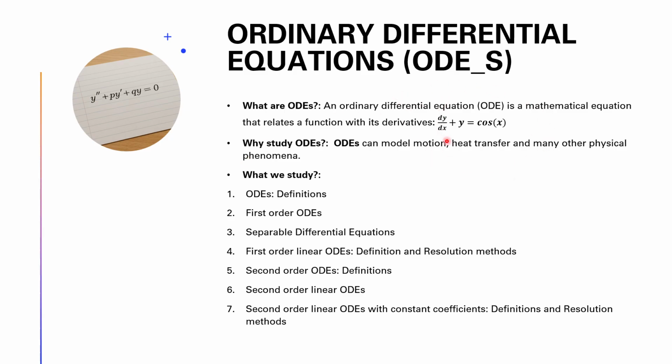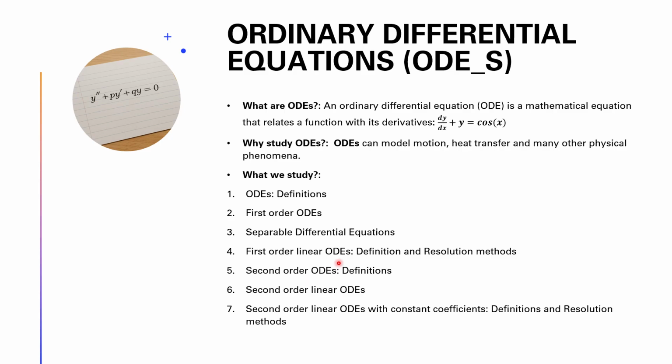So this ODE only involves the first derivative, right? Which means that this one is a first order differential equation, right? Then we will see separable differential equations, and how this kind of equations can be solved much more simply than other complex types, right?